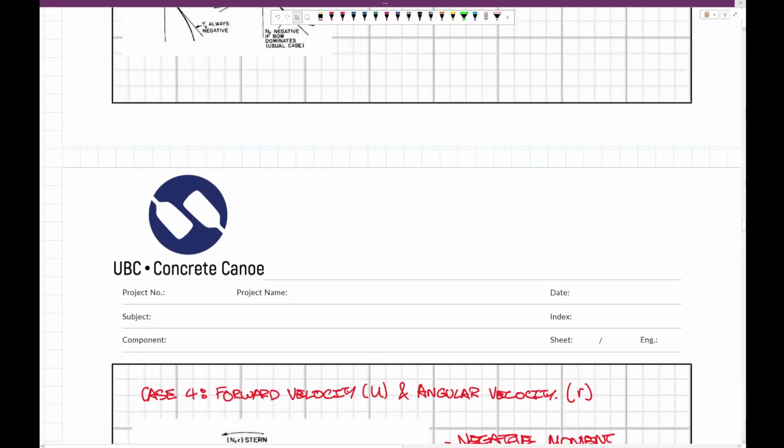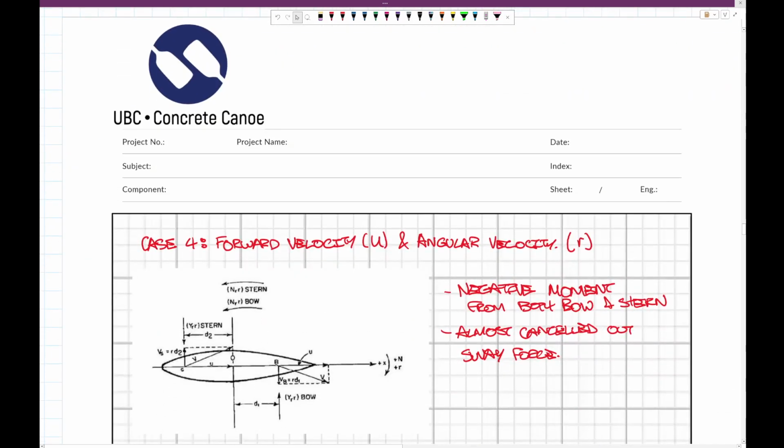All right. So the fourth case, and the last case we're going to discuss, is forward velocity and angular velocity at the same time. So again, positive direction here.